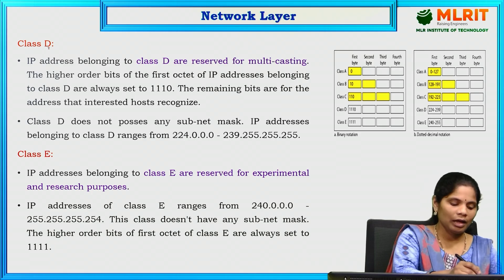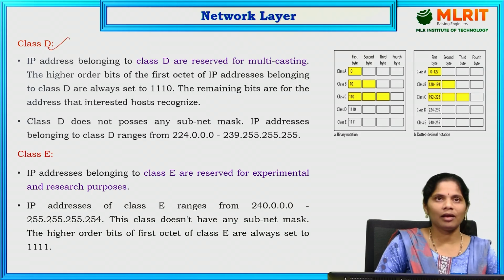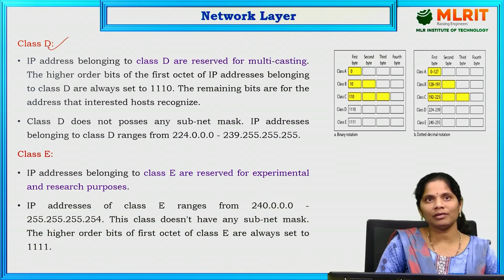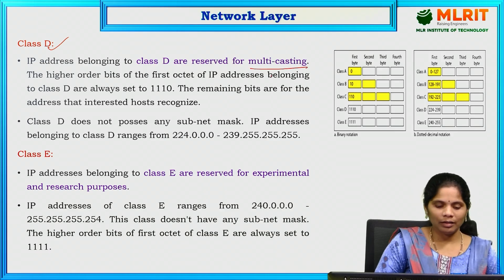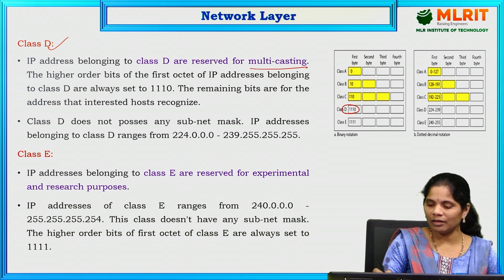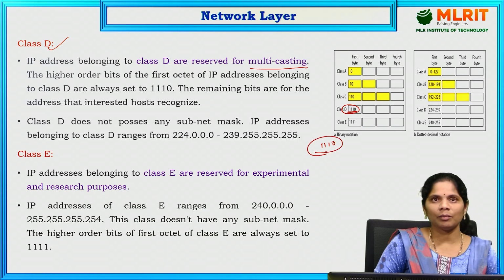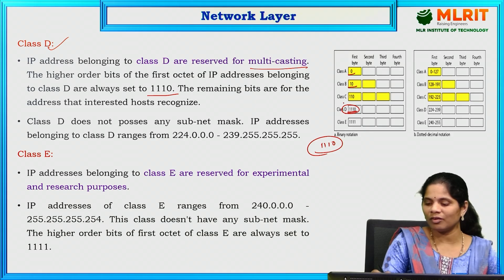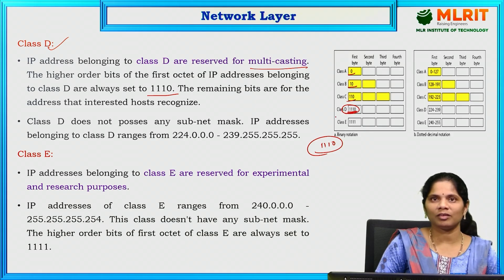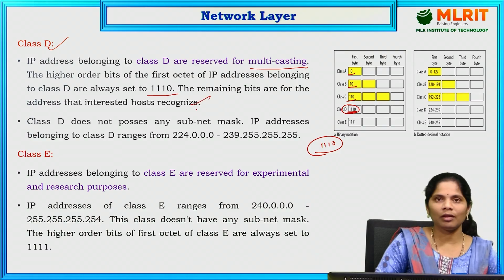And coming to class D. Class D and class E, we already said, are used for reserved addresses. Class D can be used for multicast and experimental purposes. So D is reserved for multicasting. Here in the first octet we set 0 for class A, 10 for class B, 110 for class C, and for class D we set 1110. The remaining bits can be used for the host address.